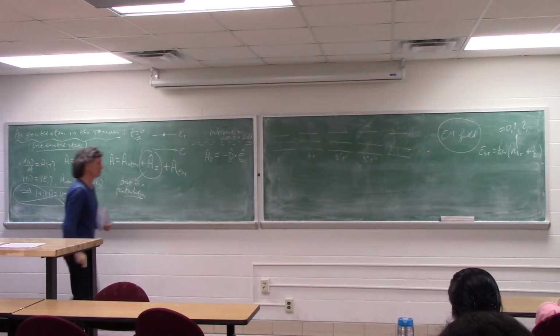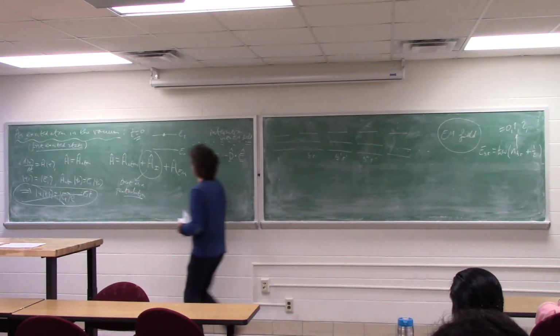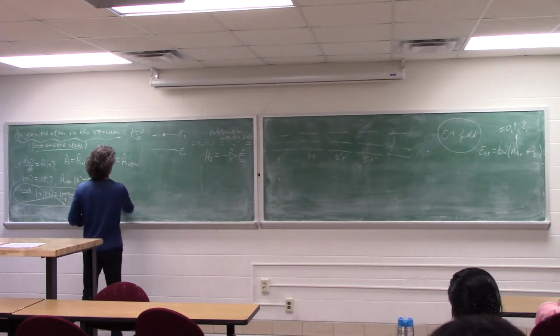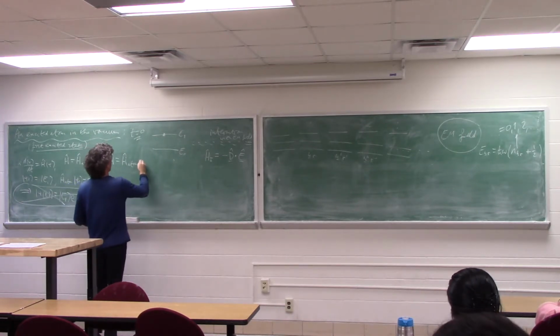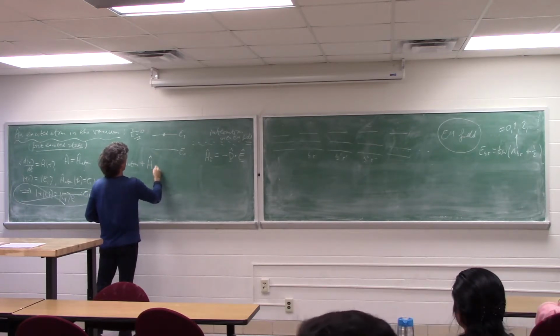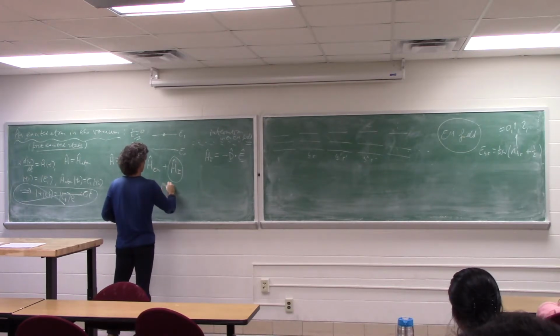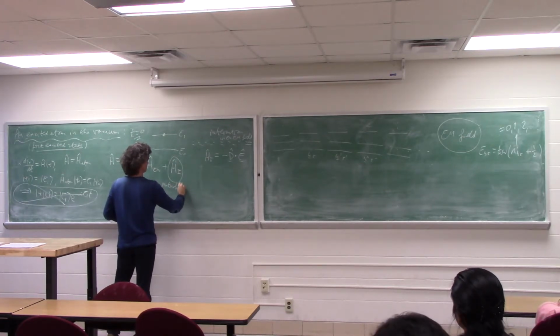And normally you would write this the other way around. You would say the total Hamiltonian is the Hamiltonian of the atom, the Hamiltonian of the electromagnetic field, plus the perturbative interaction.